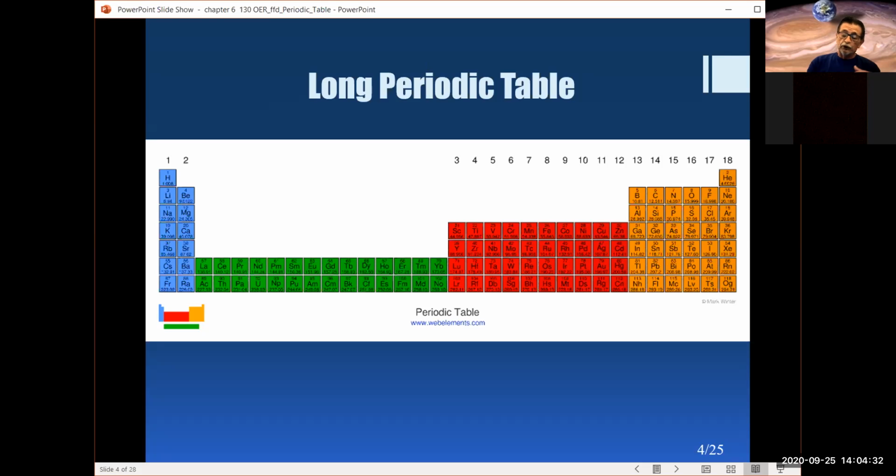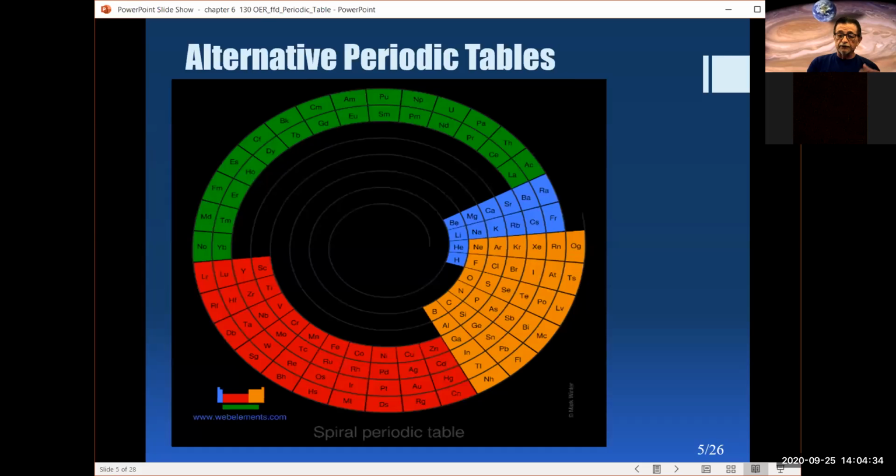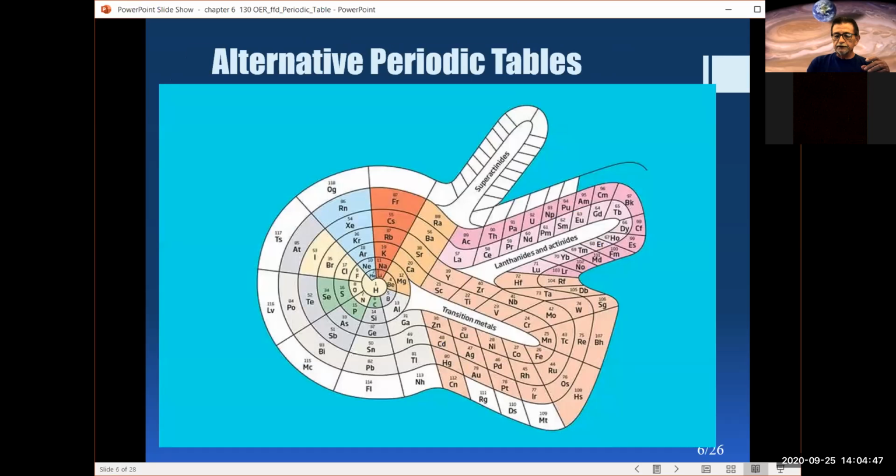There are a whole bunch of other periodic tables. Some have proposed a circular periodic table. There are some pros and cons to this. Let me give you an idea of one here, the spiral periodic table. There's another one that's not bad, kind of looks complicated, but it's like the spiral periodic table. But this one here actually predicts a bunch of more elements out there.